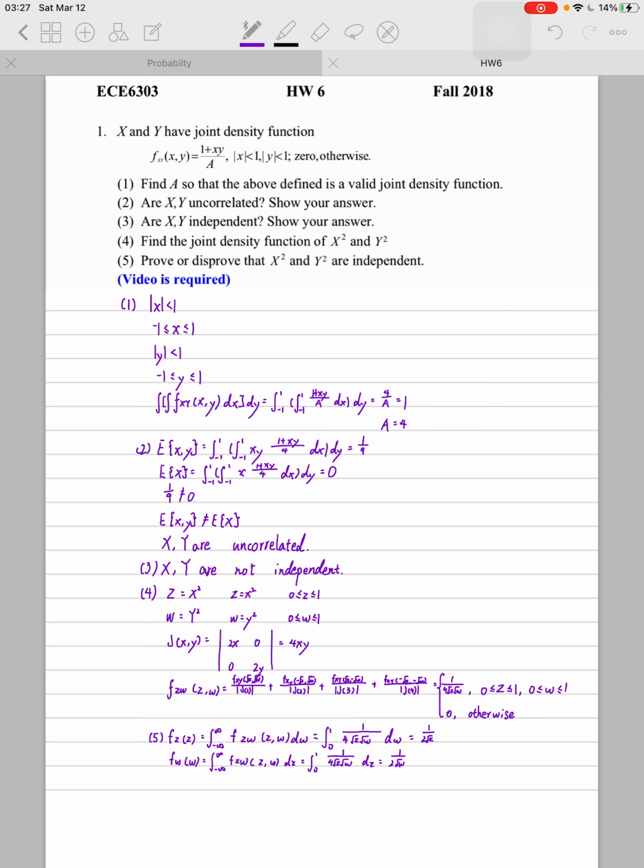W equals Y squared, where 0 is smaller than W and W is smaller than 1. So we can get the Jacobian J equals 4xy.